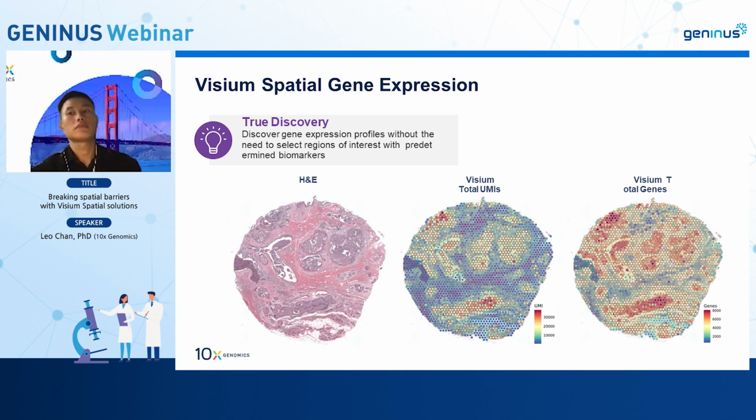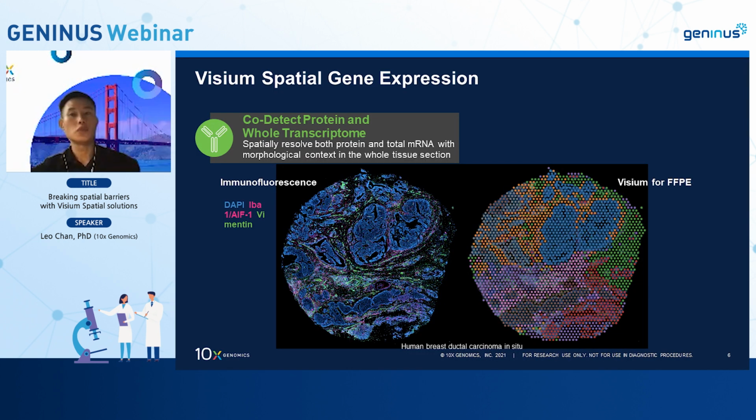With Visium, you can link the transcriptome to the H&E stain image, or you can also link the transcriptome to immunofluorescence stain image to co-detect protein and RNA. At 10x, we offer integrated software tools that you can download from our website for data analysis and visualization.